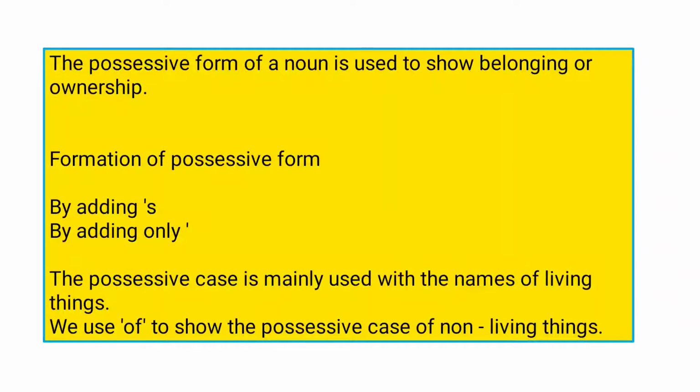We also studied the formation of possessive form, how to form possessive form. We have also seen in the previous class that the sentences which we write in possessive form are shorter and read better.